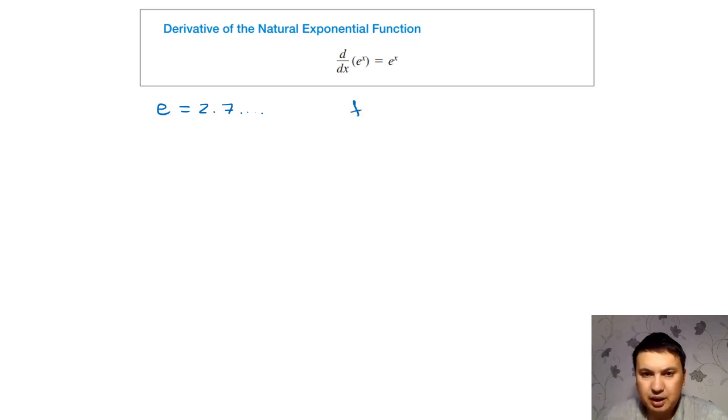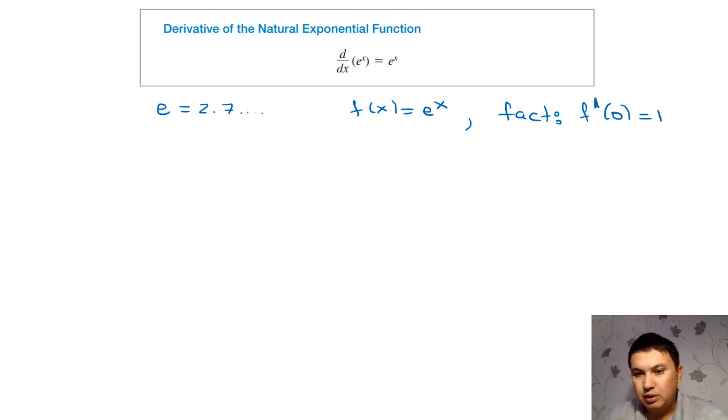If I let f of x be e to the x, then one of the defining properties, let me write it as a fact, is that the derivative of this function e to the x at 0 is equal to 1. So the slope at 0 is equal to 1. If we assume that we know this, then we can compute the derivative of this function everywhere, not only at 0.